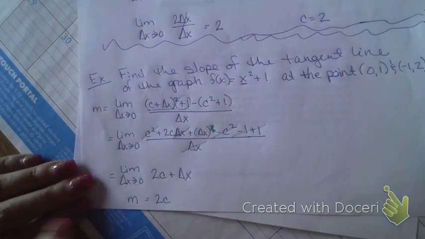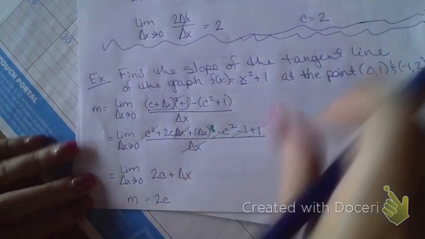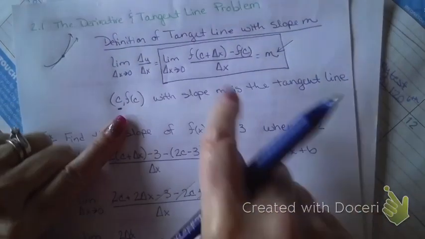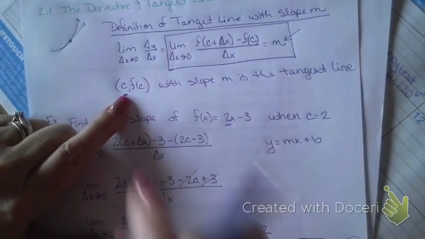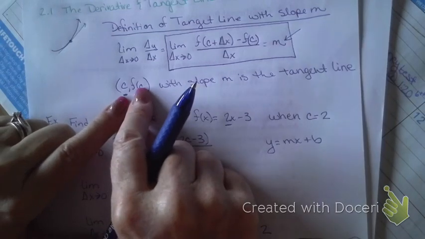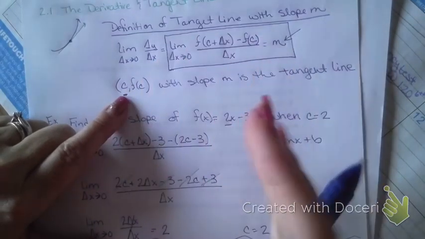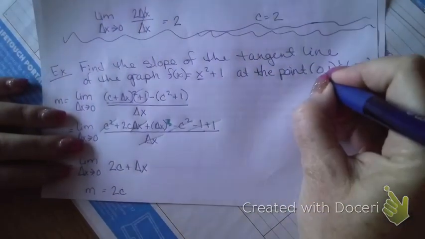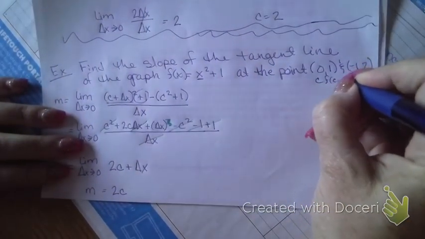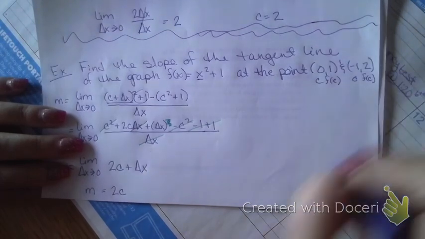Do those points mean anything? They will. Okay? So up at our definition, it was c and f of c, correct? Because c's, we're filling it in. Of the points, this is c and this is f of c. And this is c and this is f of c.